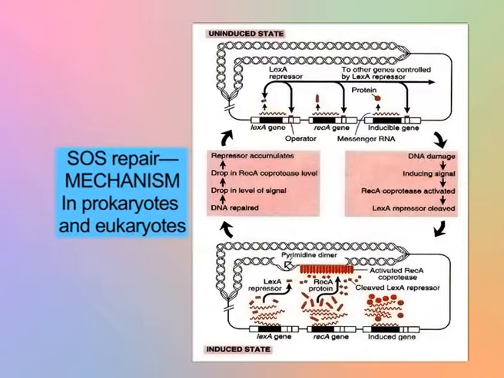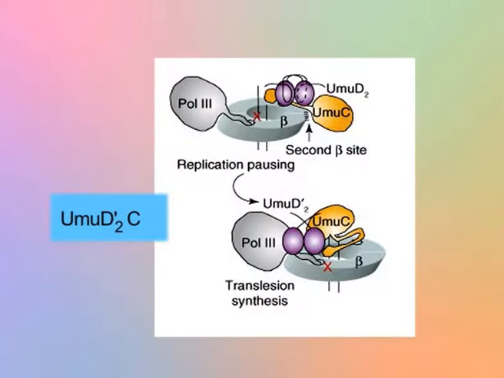Next, it will relieve some genes like UmuC, UmuD. Now, UmuD after synthesis will be cleaved to produce UmuD prime. Now, two UmuD prime along with C, that is UmuD2 prime C, is called the mutasome. It will bind to the single-stranded break.